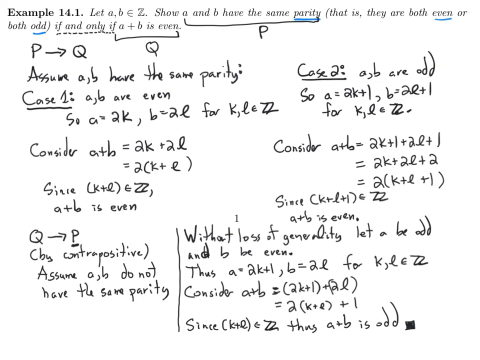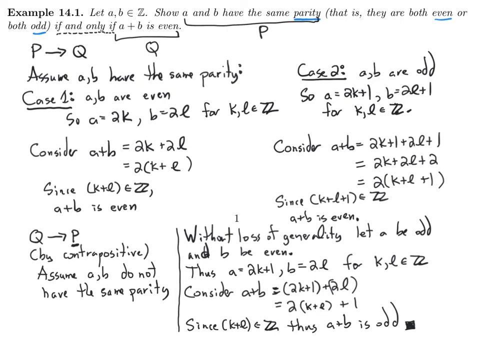As a quick summary, of course, we have to prove if and only if, so we have to do both directions. The first direction said the numbers have the same parity, so they're either both even, so we proved it when they were both even, or they're both odd, and we proved it when they were both odd. Just two little proofs there. Since it's an if and only if, we have to do the other direction as well.